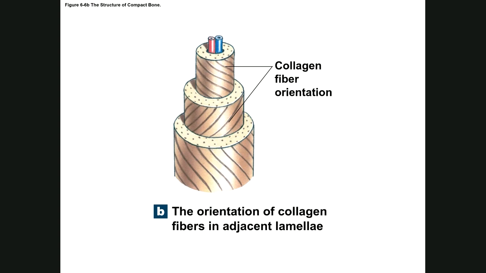See how the collagen fiber inside is going this way, and the outer side goes that way, so they crisscross. That gives you a nice mesh, so you can twist your bone this way and that way, and it still stays pretty solid. It doesn't break apart.